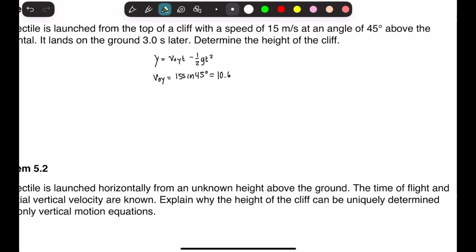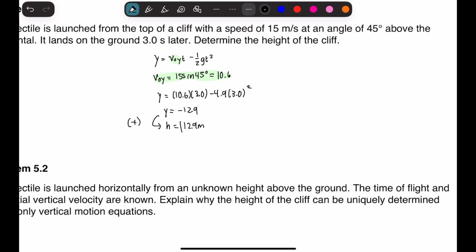Subbing this back in, we have our y is equal to 10.6 times 3.0 minus 4.9 times 3.0 for our t squared, and this is going to simplify down to negative 12.9. So that means our height has to be positive, right? So then we have height is going to be 12.9 meters.